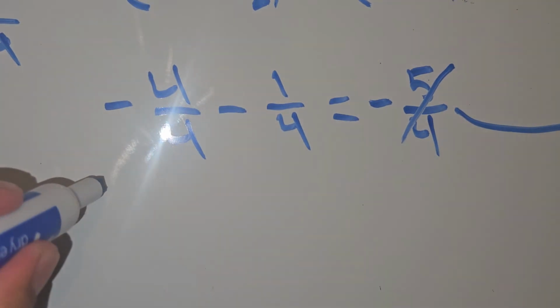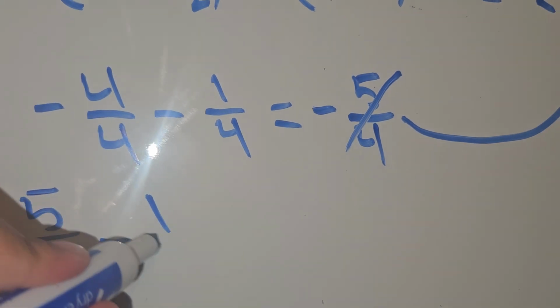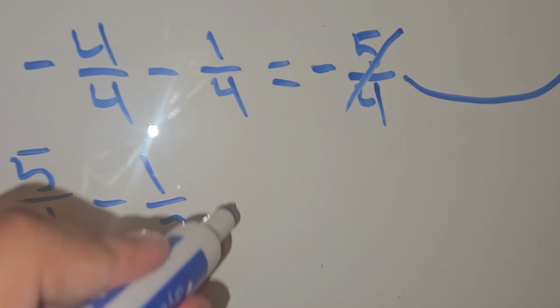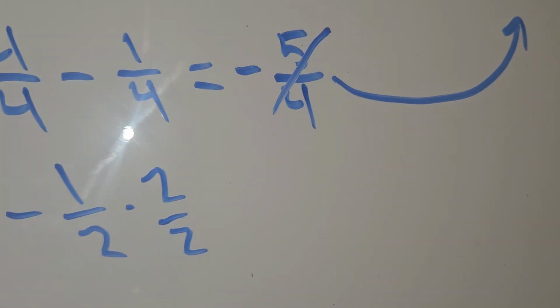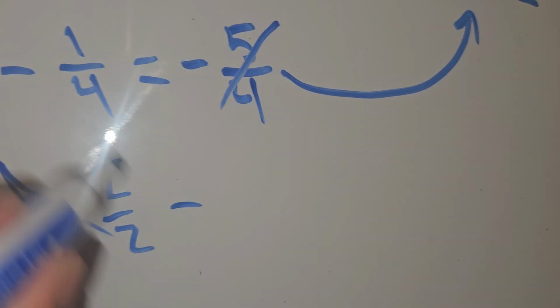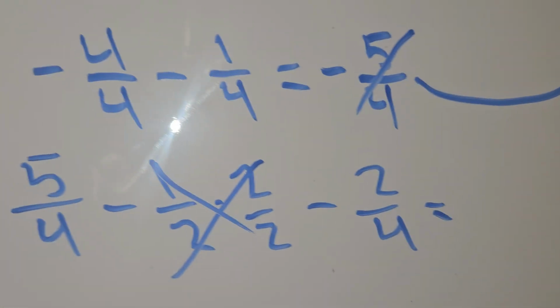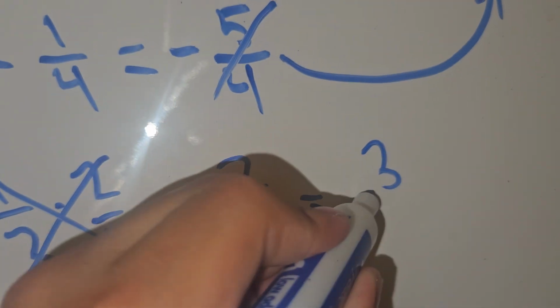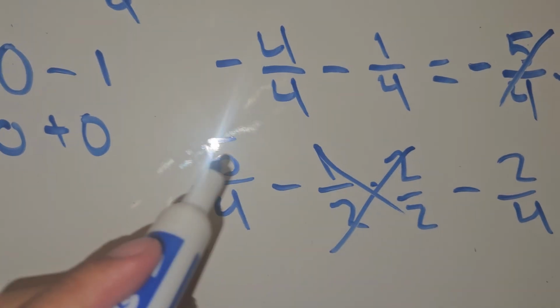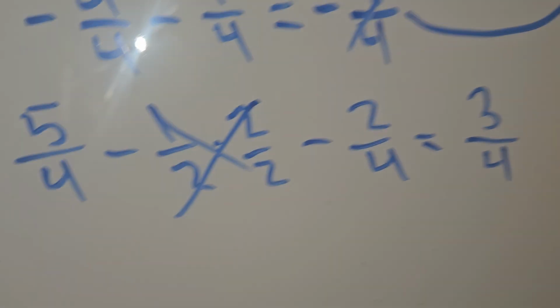So now we have 5 over 4 minus 1/2 times 2 over 2. This one turns into 2 over 4. That equals, what is that, 3 over 4? 2, 3, okay, 3 over 4.